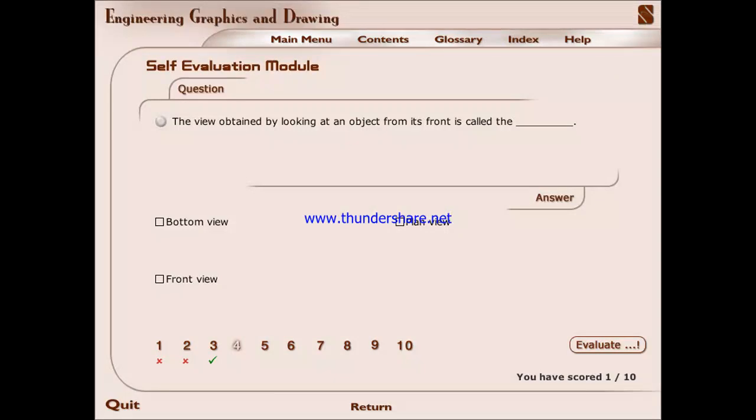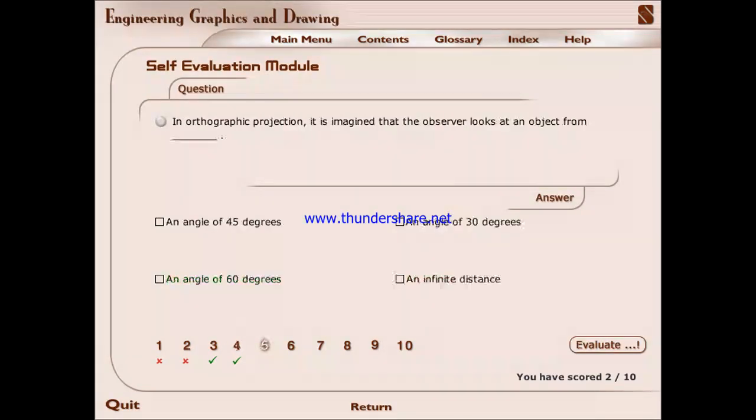The view obtained by looking at an object from its front is called front view. Now next, in orthographic projection, it is imagined that the observer looks at an object from an angle of 45 degrees, 30 degrees, 60 degrees, or infinite distance.